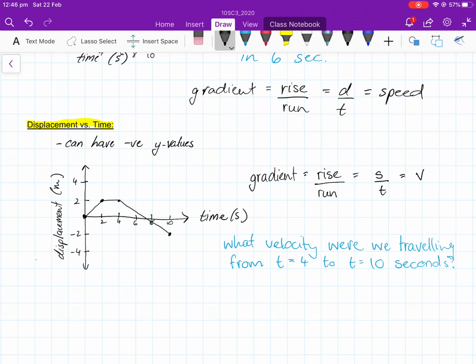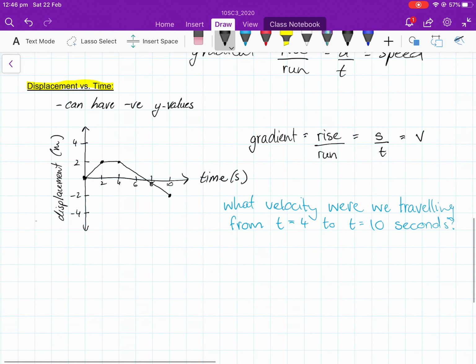All right, so we're going to use that same gradient rule: y2 take y1 over x2 take x1.